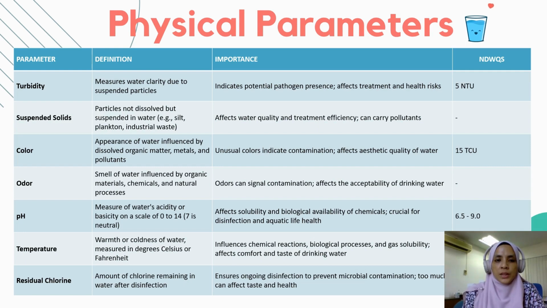While pH measures the acidity or basicity of water on a scale from 1 to 14, with 7 being neutral. It affects the solubility and biological availability of chemicals and is crucial for disinfection and the health of aquatic life.